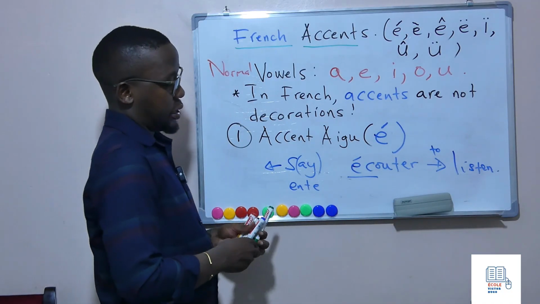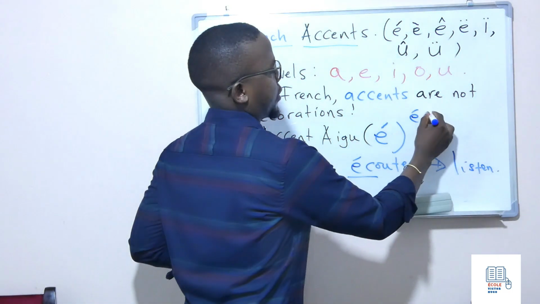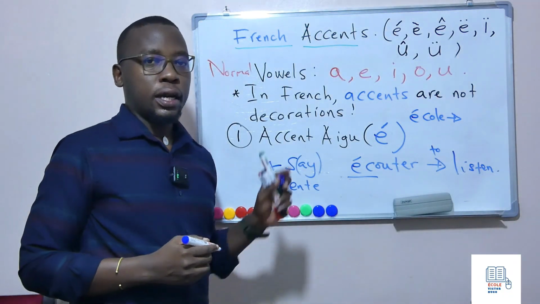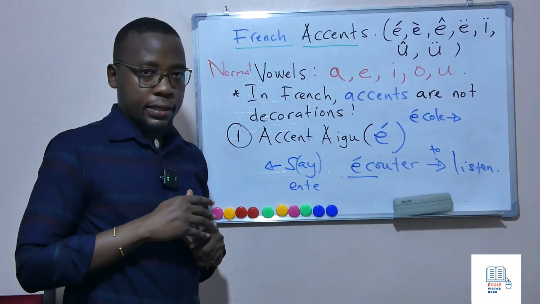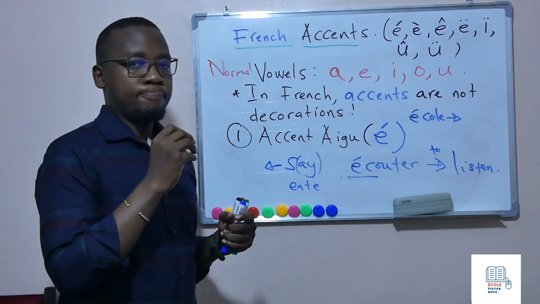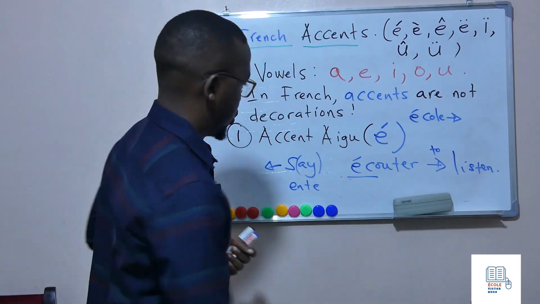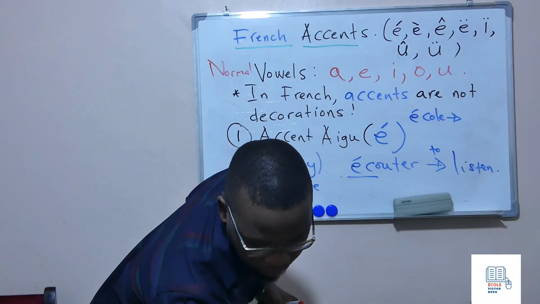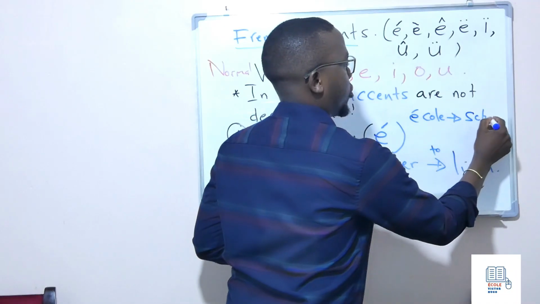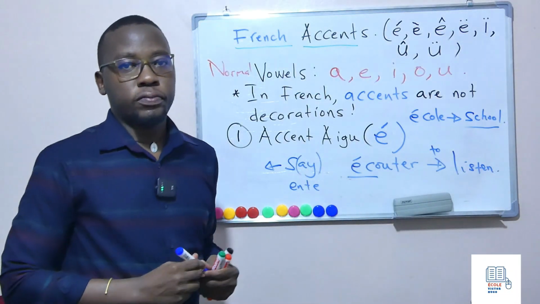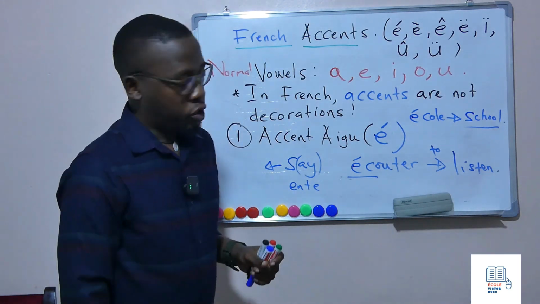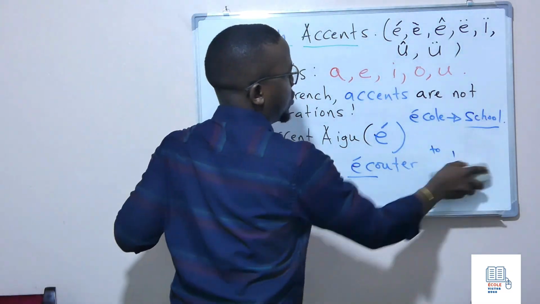Another example I can give is the word école. École. It is instant. It is very, very instant, and it's faster, as we're going to see. École means school.